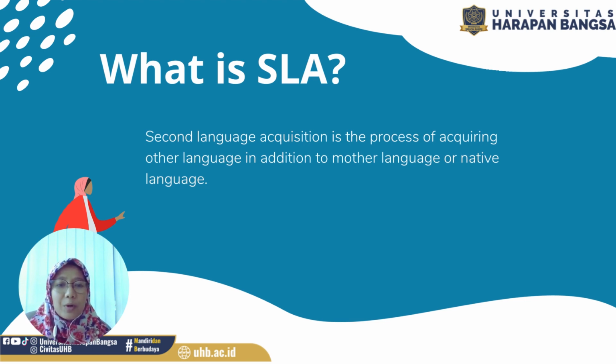The existing problem is that there isn't any research that studies SLA as a whole, as one package. Usually researchers only focus on one aspect such as the cognitive aspect, the sociocultural aspect, or learners' individual factors. That's why we need to learn this course, second language acquisition.